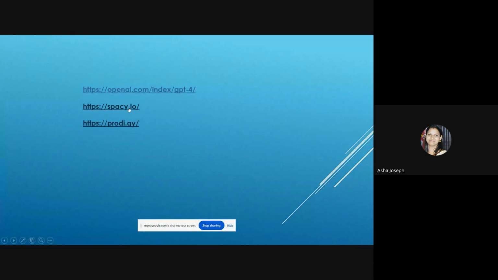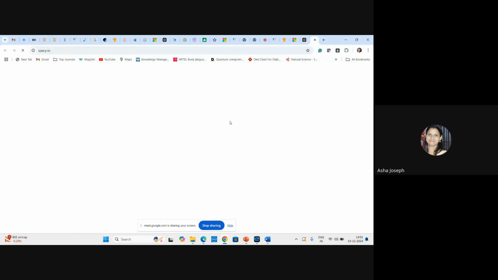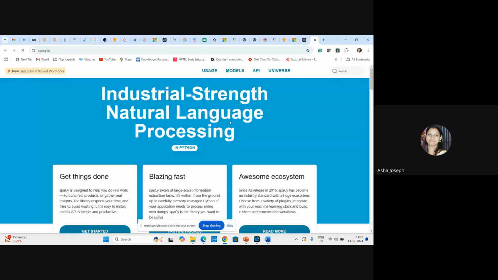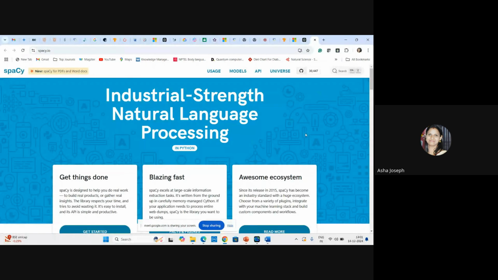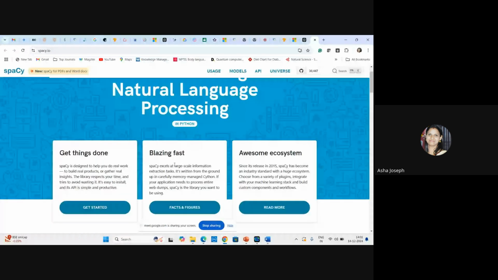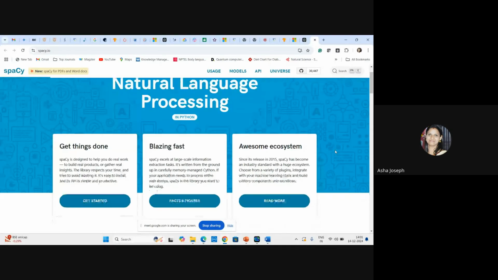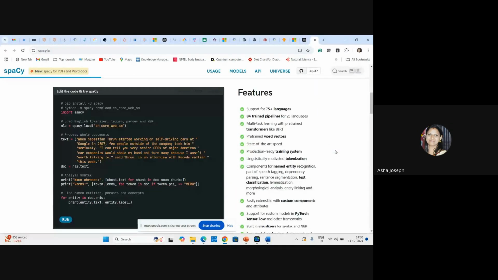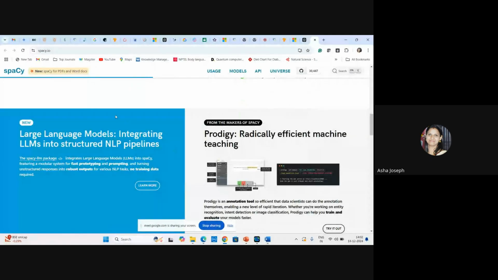And next, coming to spacy.io, this is a Python tool, or you can even say it's a natural language processing tool. You can get things done very fast. Okay, so these are the different features. Here you edit the code and you can try the spaCy tool.